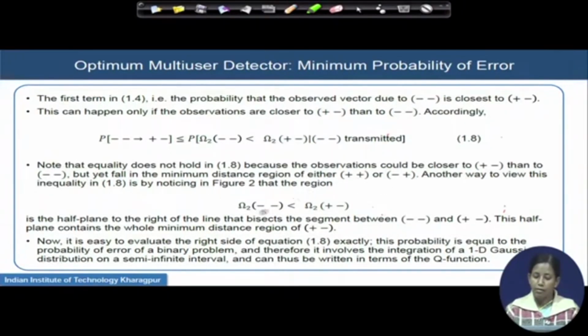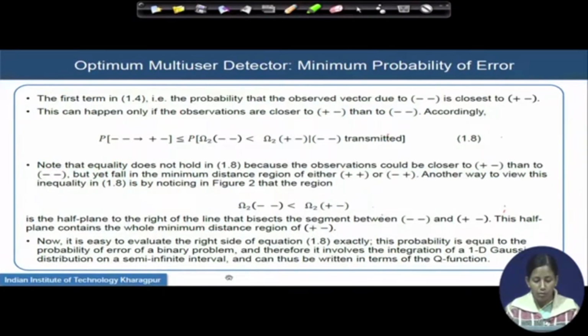In figure 1, the region where double minus is less than plus minus is just a half plane to the right of the line that bisects the segment between these two points. This half plane contains the whole minimum distance region of plus minus in the figure.